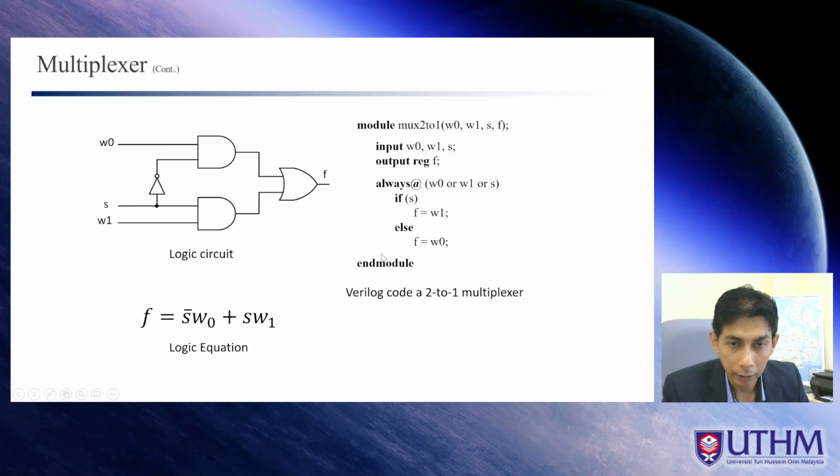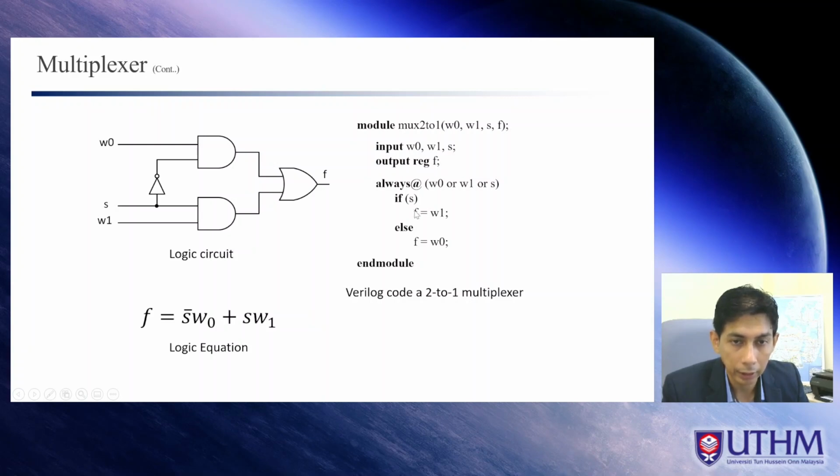In this example, I use behavioral modeling, where you see we use the always block. Here is the module name, mux 2-to-1, and we have the ports W0, S, and W1, and we have F. Input is this, output is this, and also this declares F as reg.